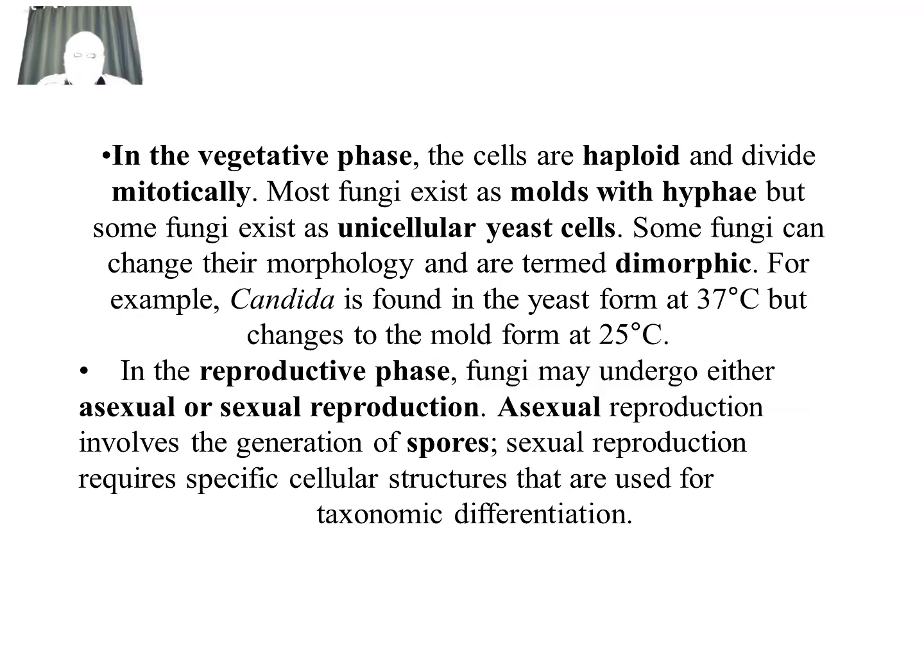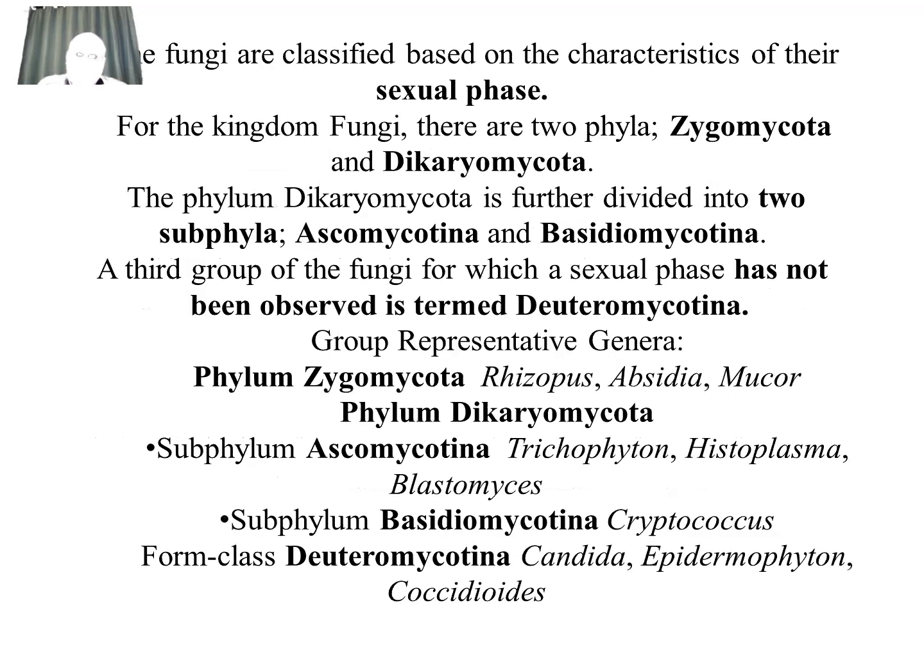In the reproductive phase, fungi may undergo either asexual or sexual reproduction. Asexual reproduction involves the generation of spores, and sexual reproduction requires cellular structures that are used for taxonomic differentiation. So fungi are classified based on the characteristics of their sexual phase.